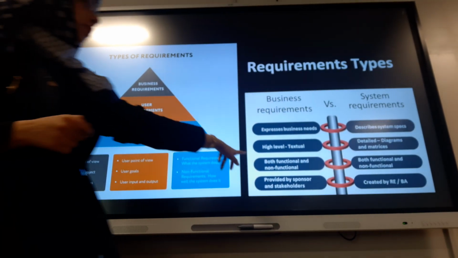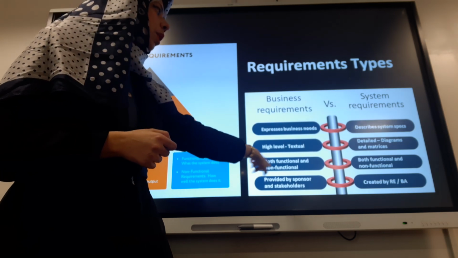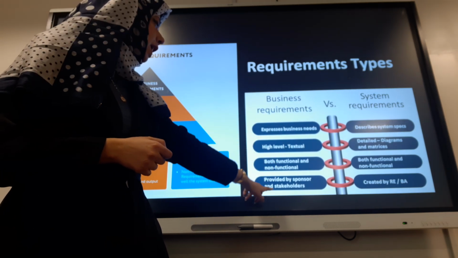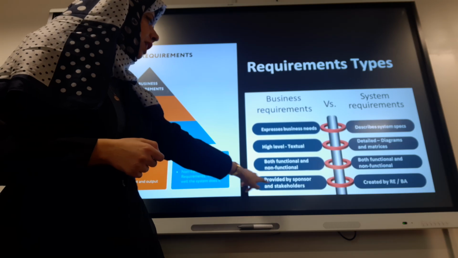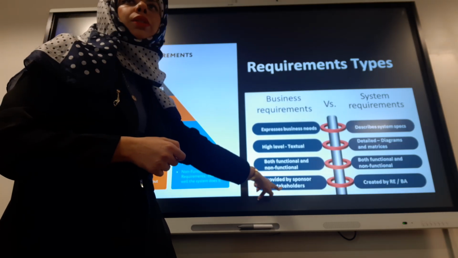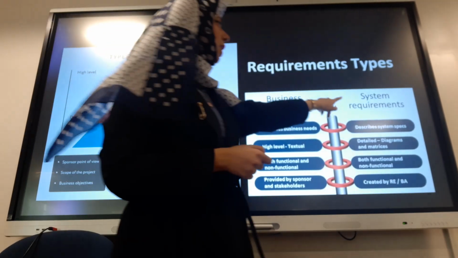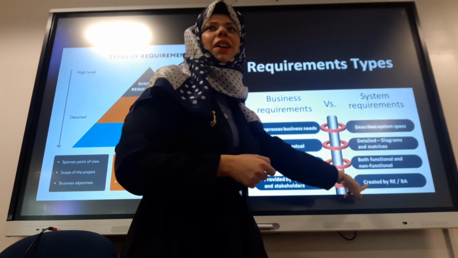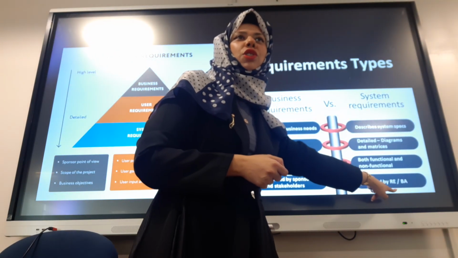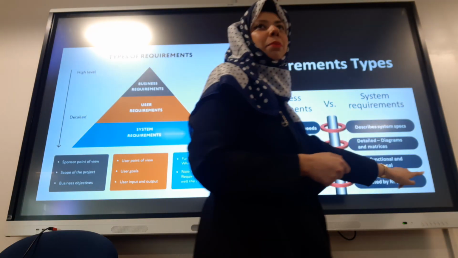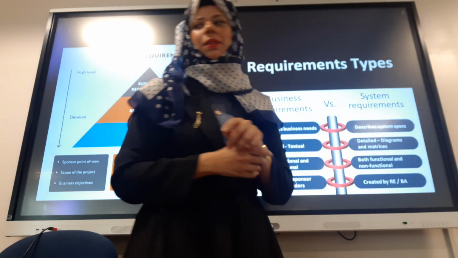Usually, you can use functional, non-functional requirements under both of them. And this one is usually provided by the sponsors and the other stakeholders involved. But for the system requirements, this is created by requirements engineers and business analysts, right?